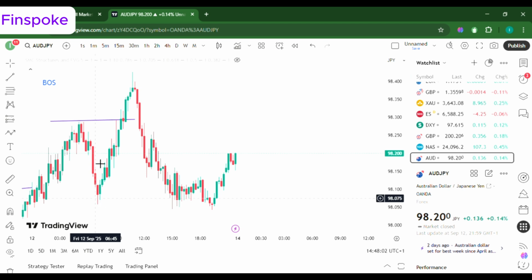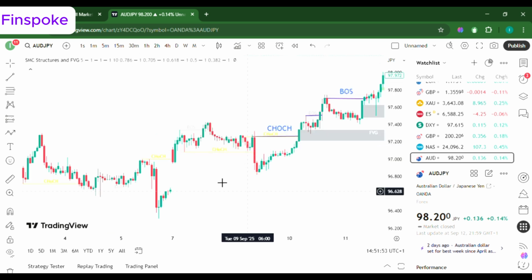When they push price above the recent high, they want to clear the stop losses, then they will reverse the market and start moving in the opposite direction. That's exactly what happened here. So when you see a CHoCH after a liquidity grab, it's often a signal that the market is about to move in the opposite direction with momentum.